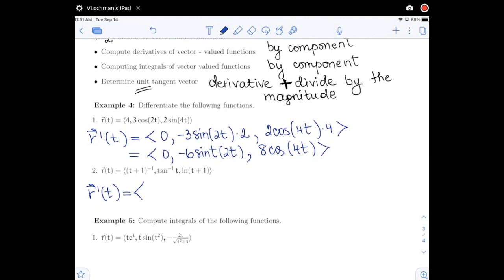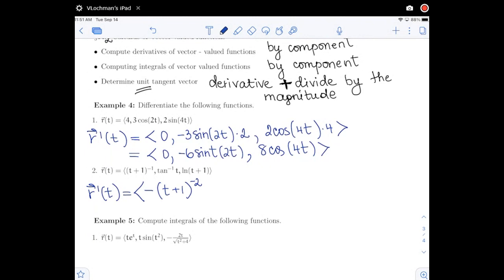I see Raymond saying it's negative t plus 1 quantity to negative 2 power. Very good. Here we just apply the power rule. Negative 1 goes up front. The new power is negative 2, also chain rule, but the derivative of t plus 1 is 1. Okay, good.